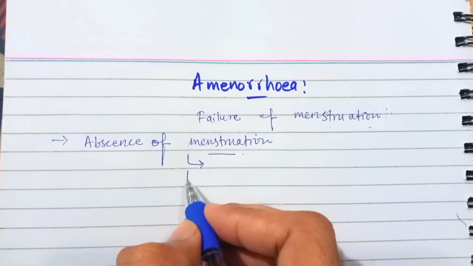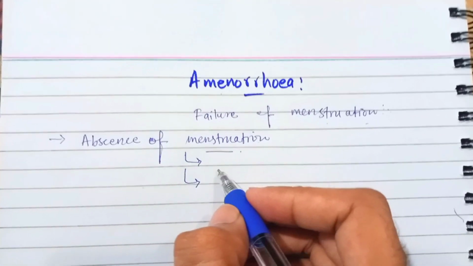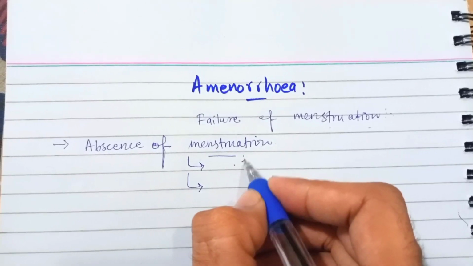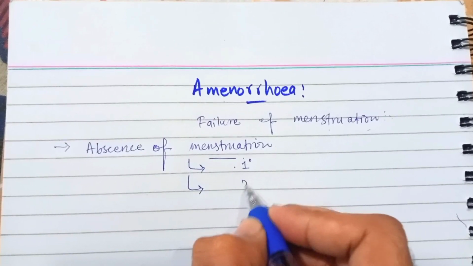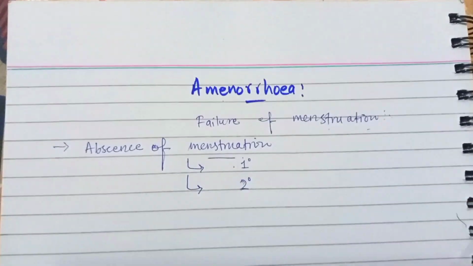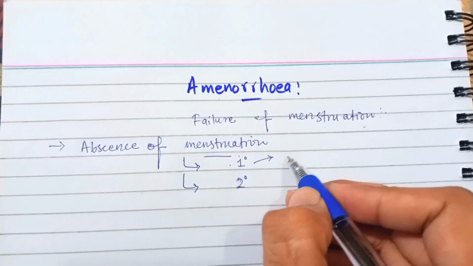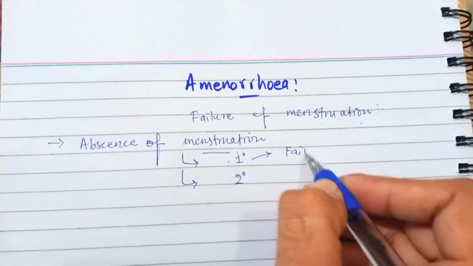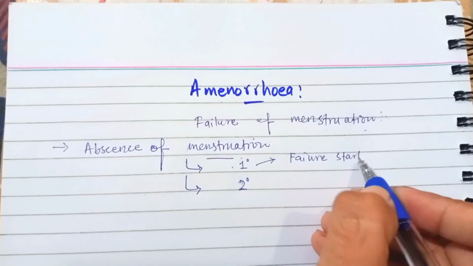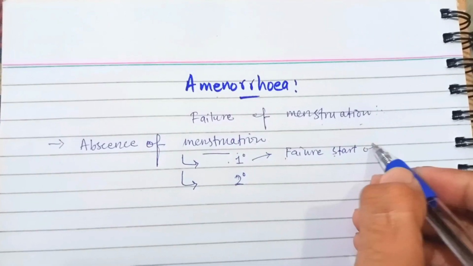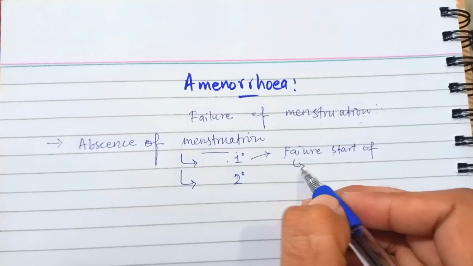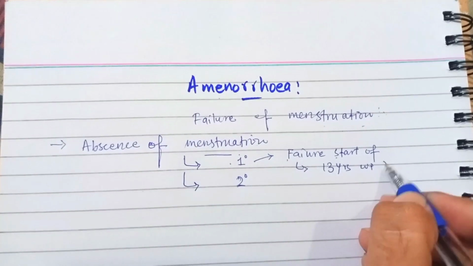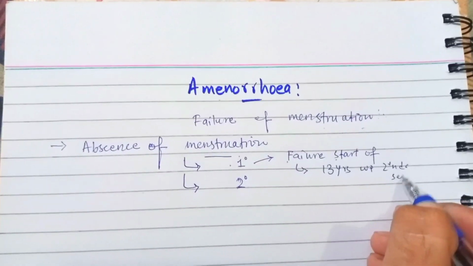Due to the menstrual age, we divide amenorrhea into two categories. Number one is primary amenorrhea and number two is secondary amenorrhea. We call it primary amenorrhea when there is failure of start of menstruation by the age of 13 years with the presence of secondary sexual characters.